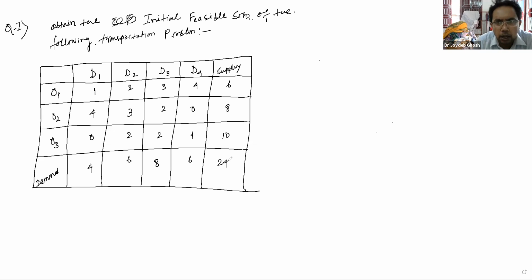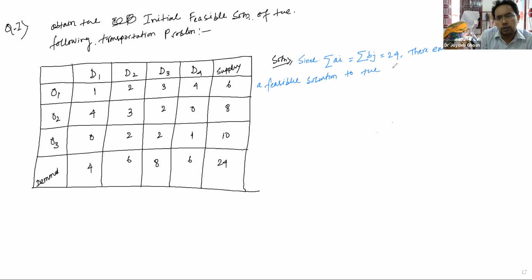So first of all, we will observe whether it's a balanced problem or an unbalanced problem. So the solution. Since summation Ai equals summation Bj equals 24, there exists a feasible solution to the transportation problem.